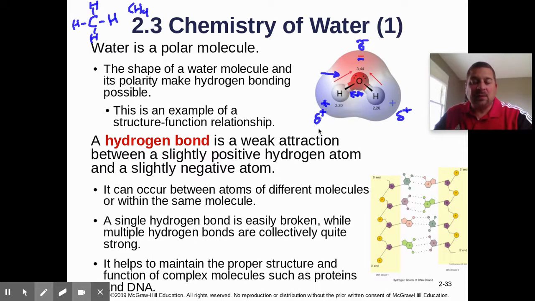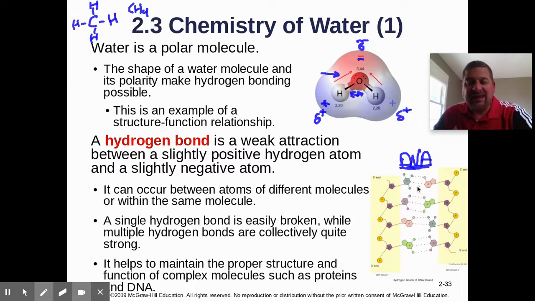What this does is set up weak attractions between molecules. This can be between the same molecules, like in water, or different molecules, like over here in DNA. If you remember back to Bio 1, there are hydrogen bonds between the nitrogenous bases between the two outside strands.